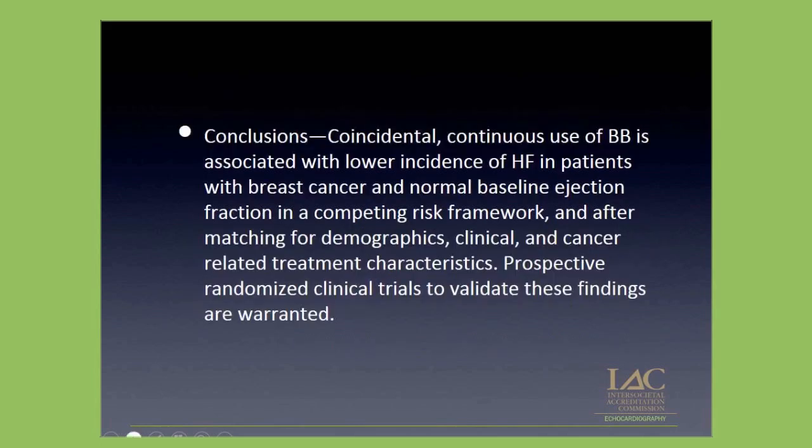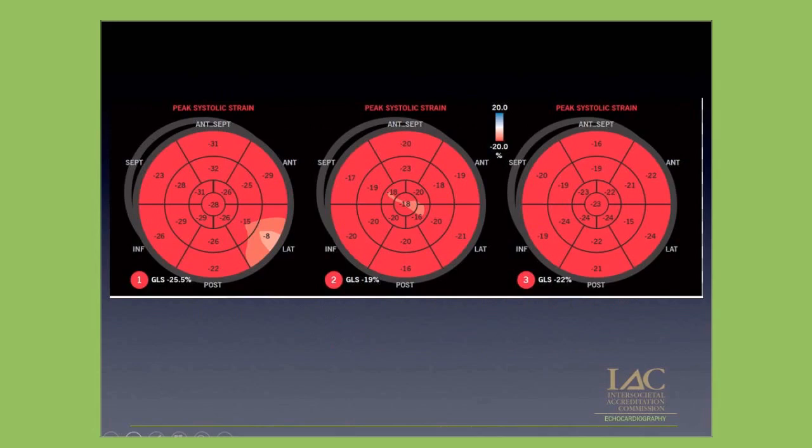So in this particular case, let me share with you what happened. This patient was given beta blockers. You see that the GLS improved from -19 to -22. It's not quite -25.5, but it's a GLS that is absolutely normal. So in this particular patient, we were able to achieve two outstanding outcomes: allow the patient to receive the full therapy, and second, doing so without any evidence of LV dysfunction.